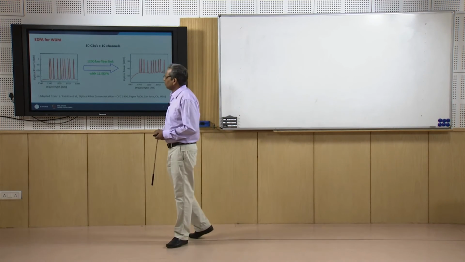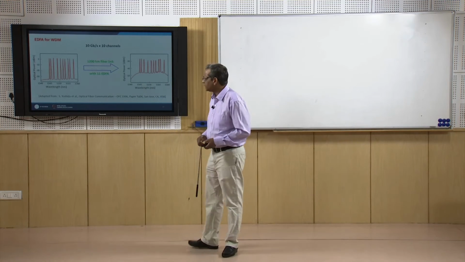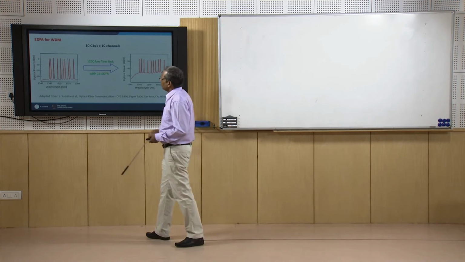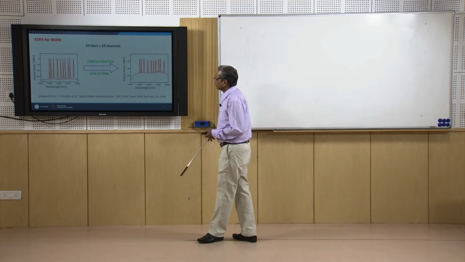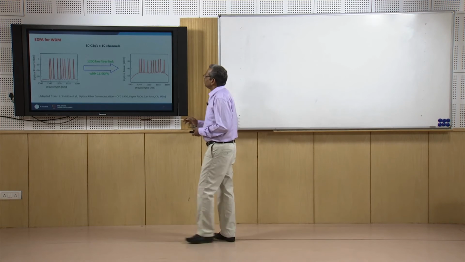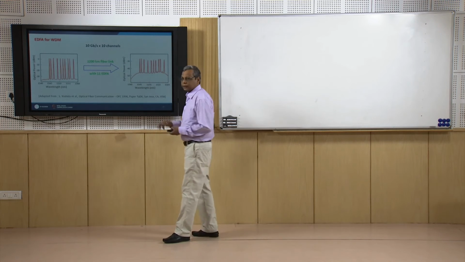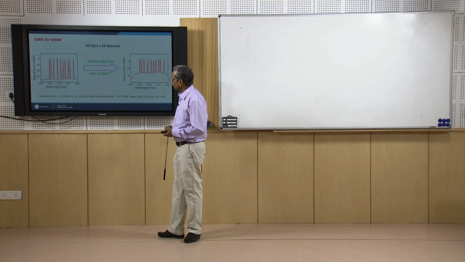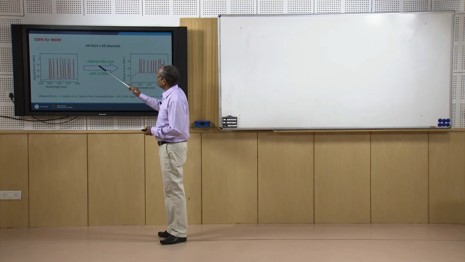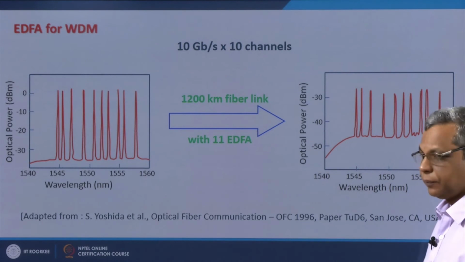This is EDFA for WDM. You can use the same amplifier for different wavelengths. So, this shows a very exciting and interesting system which has a bandwidth of 10 Gbps in 10 channels. Each channel has 10 Gbps and there are 10 wavelength channels, and this has been carried out over a distance of 1200 kilometer in a fiber link using 11 EDFA in between.